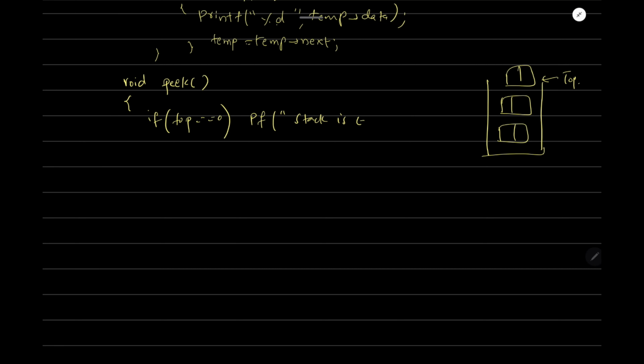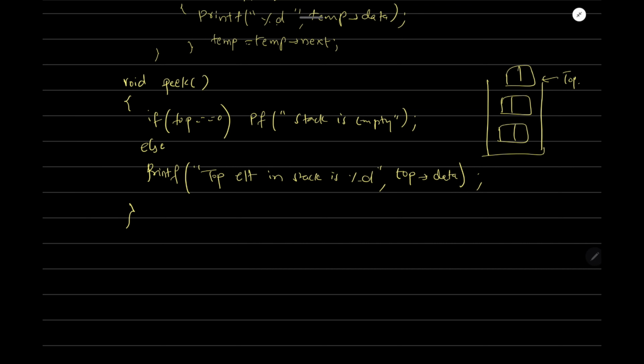In any other situation, we need to print like this: top element in stack is %d, top arrow data. So this is the peek function.